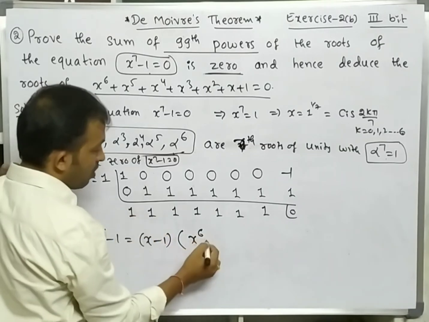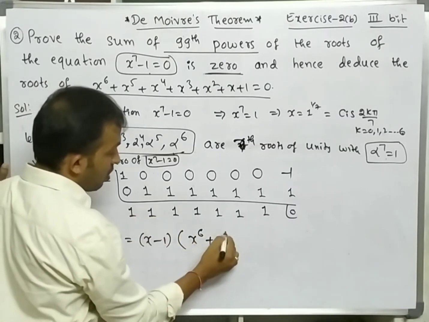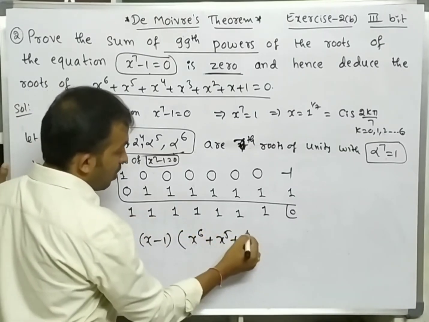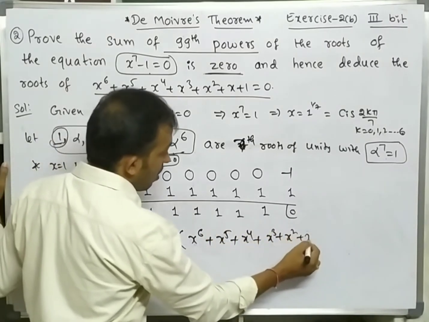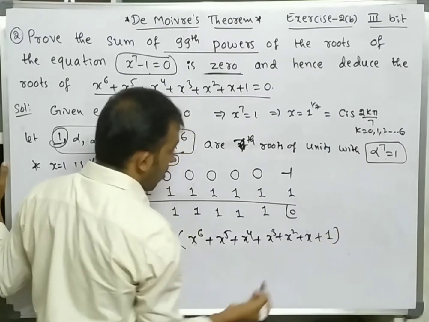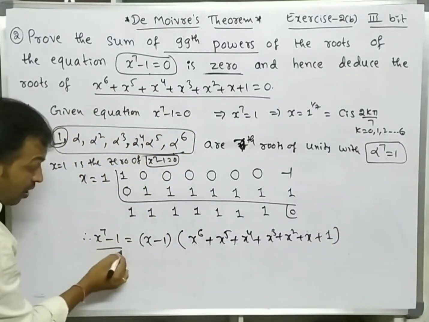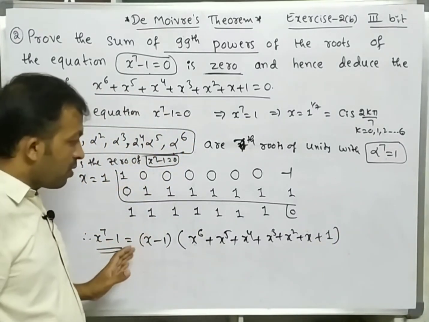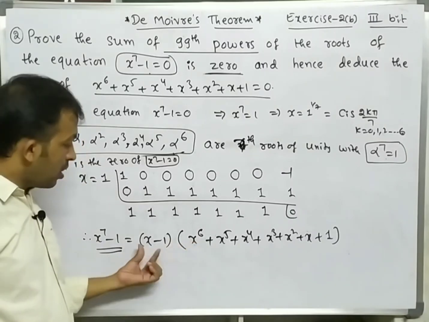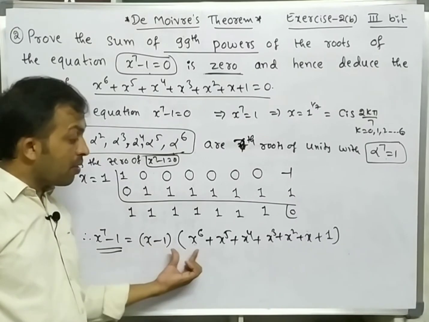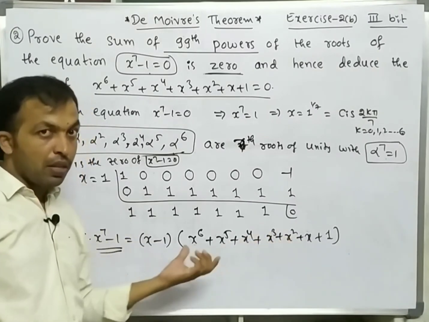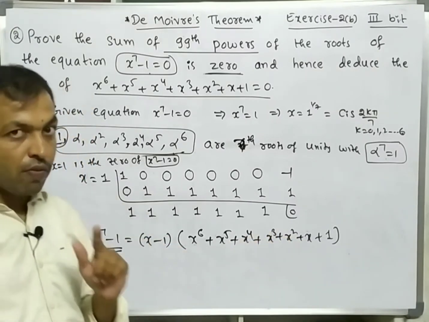X power 6 coefficient 1, x power 5 coefficient 1, x power 4 coefficient 1, x cube coefficient 1, x square coefficient 1, x coefficient 1, and 1 is the constant. So by using synthetic division we have factored that x power 7 minus 1 can be written as x minus 1 into this one. If we multiply these two terms we will get x power 7 minus 1.